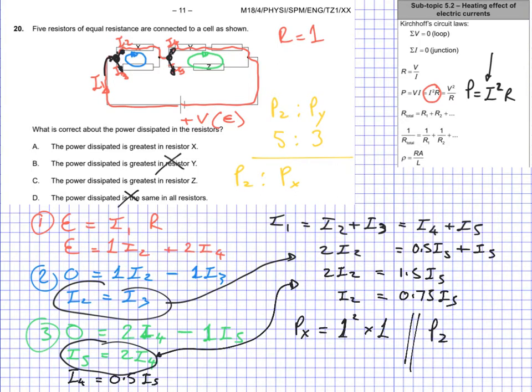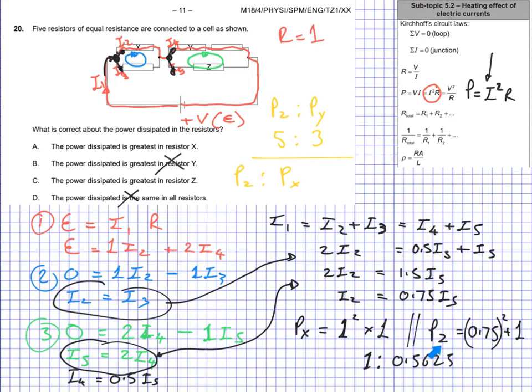And then the power dissipation for resistor Z, which is I5, is going to be, well, in this case, 0.75 squared plus, well, just the 1 resistor again. Okay, so the ratio here is going to be 1 to, let's make some space. It's going to be a 1 to a 0.75 squared, which is a weird number. It's 0.5625.